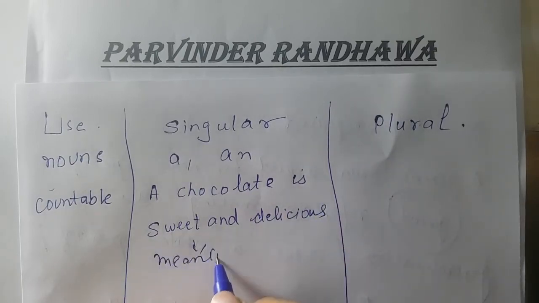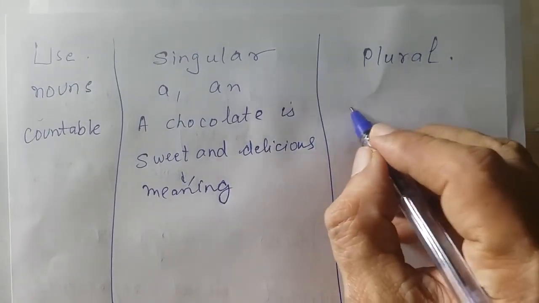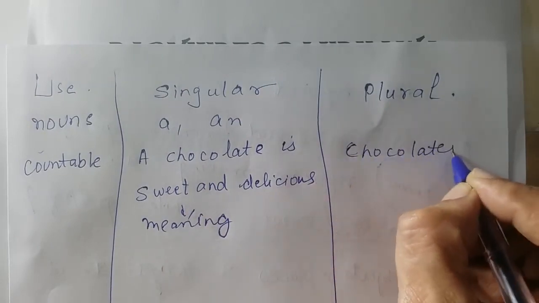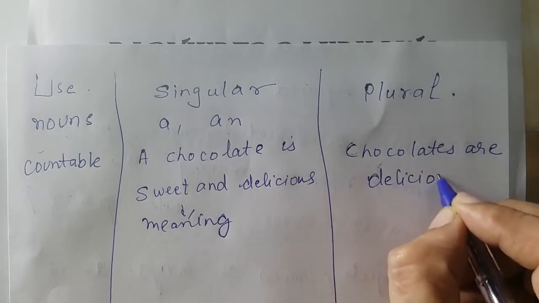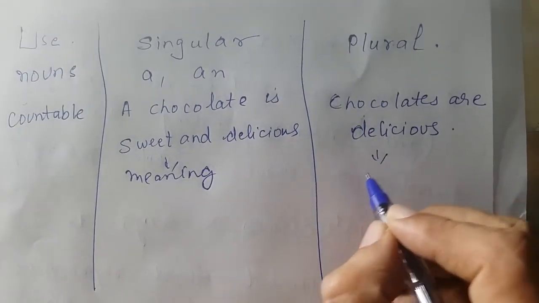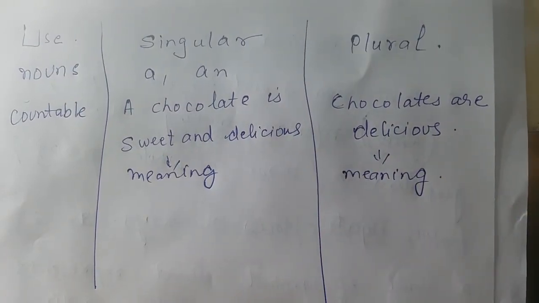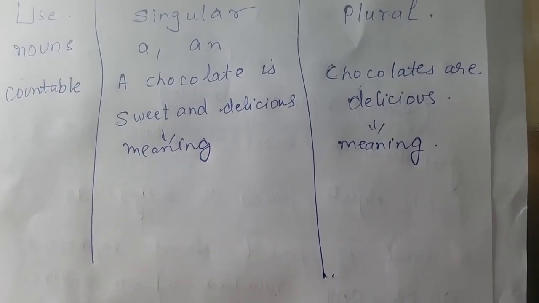Let's go for the meaning. What's the role of a in IELTS? Chocolates are delicious. Right, let's go to the meaning of both things. There are two examples just in front of you. Now find the meaning. Just check in your mind whether they are the same.